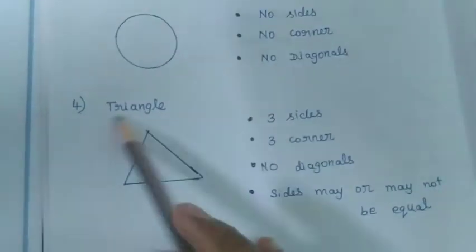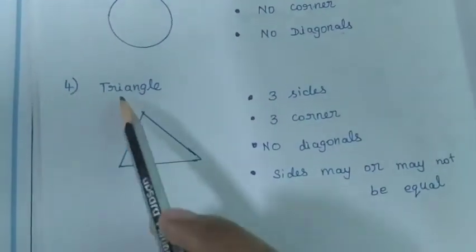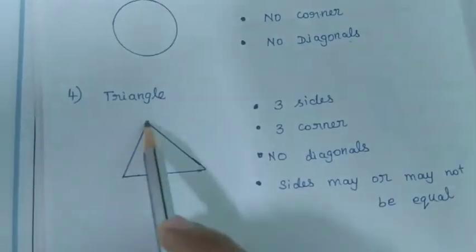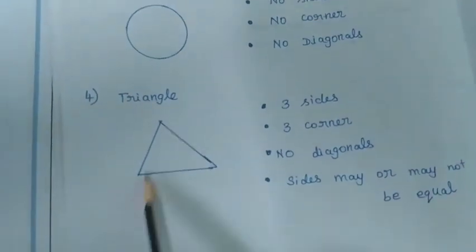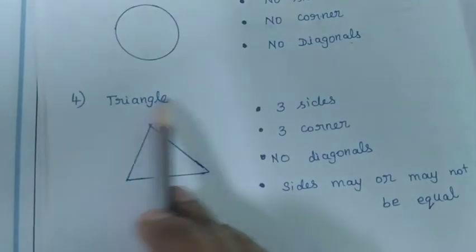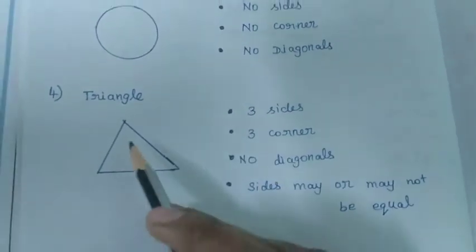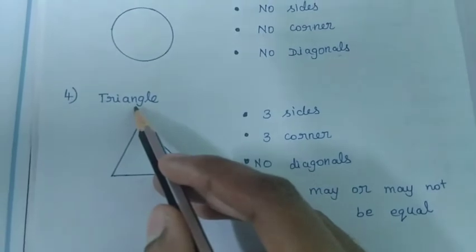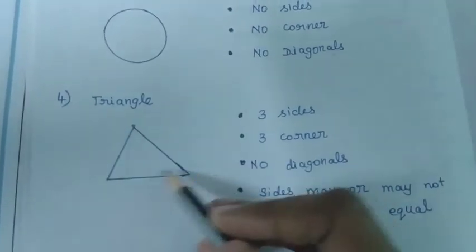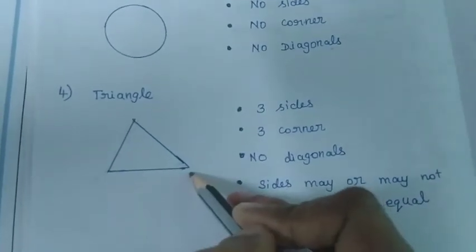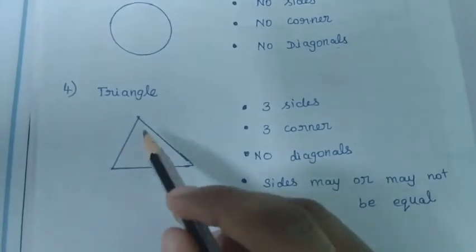Next, the fourth one is triangle. If they ask a triangle question, first draw the triangle and then write the triangle spelling, and then 4 points. For triangle, how many sides? 3 sides, 3 corners. Are there any opposite sides?